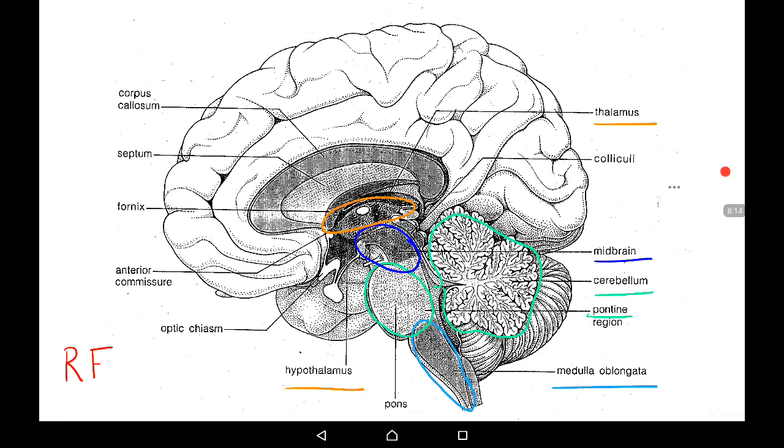The hypothalamus connects to the pituitary gland here, and the pituitary gland is the conductor of the endocrine system, as we know. The hypothalamus plays a vital role in maintaining homeostasis, the state of equilibrium of the body, a term that was introduced by Claude Bernard, physiologist.